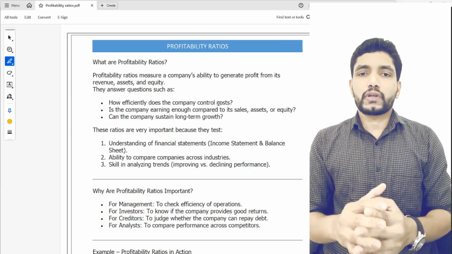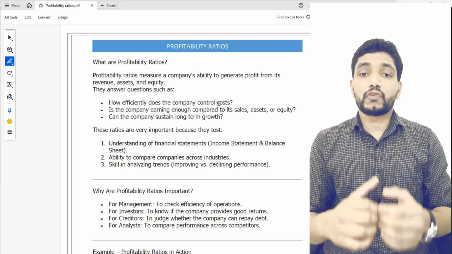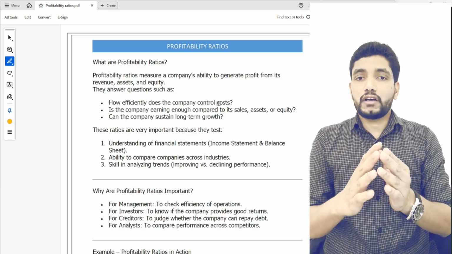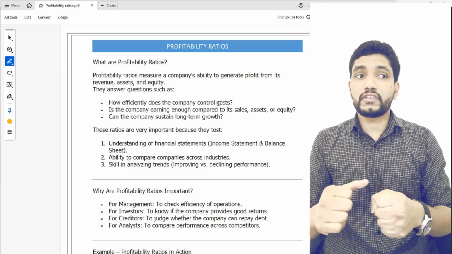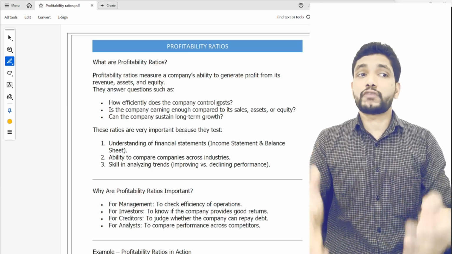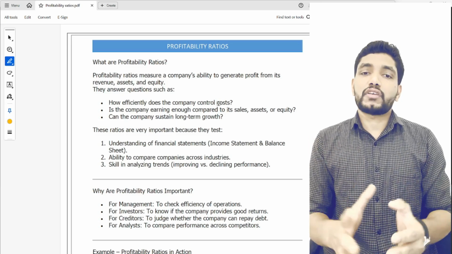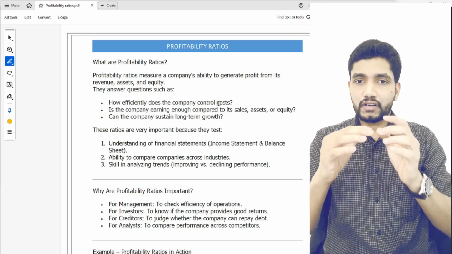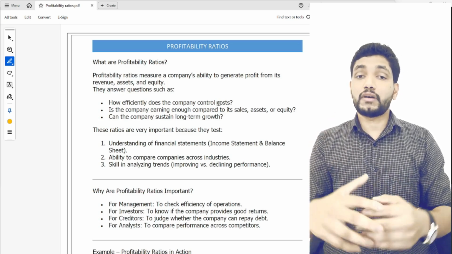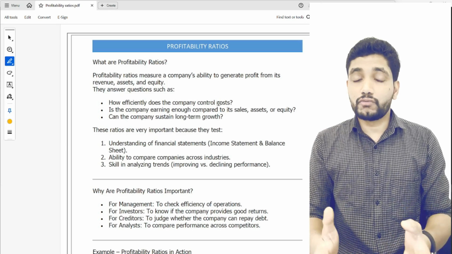So in today's tutorial, we are going to discuss profitability ratios. As we know, profitability ratios are the measures which evaluate a company's ability to generate profit from its sales. In some cases, sales are growing, but relative to the sales, the profit may not grow.